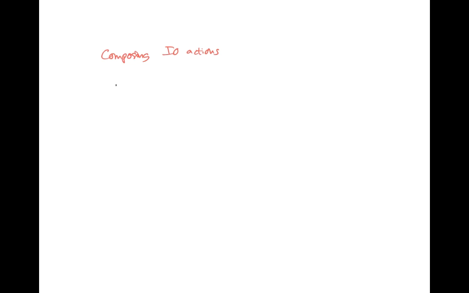Typically this looks as follows: do, and then the first IO action, v1 gets a1, v2 gets a2, where the a's are actions, up to vn gets an, and then at the very end we'll have a return IO action that calls a function perhaps of v1 up to vn, or may just be a return of the empty tuple.